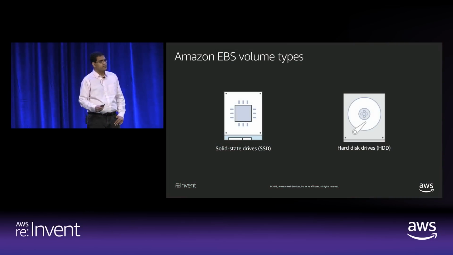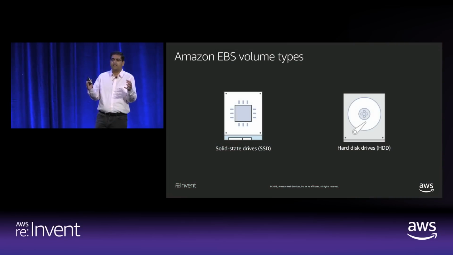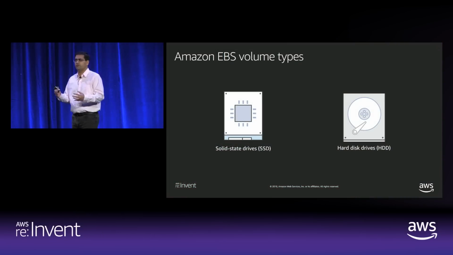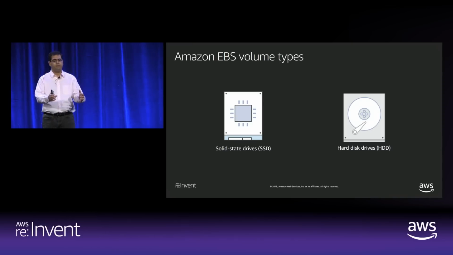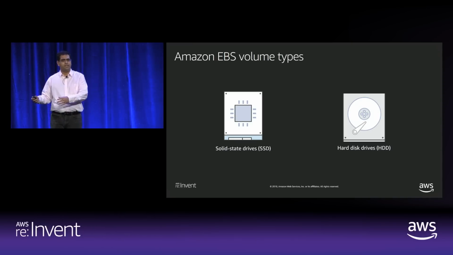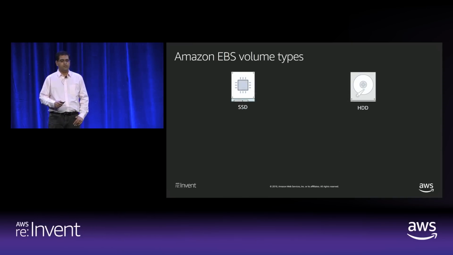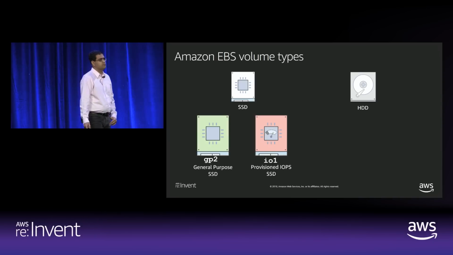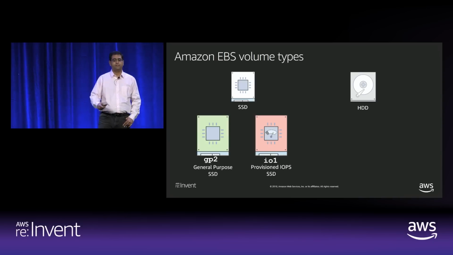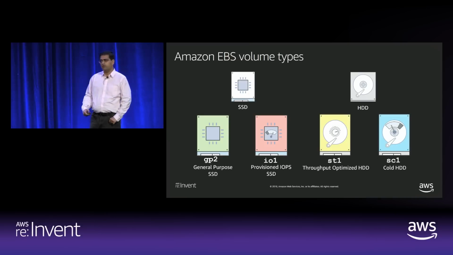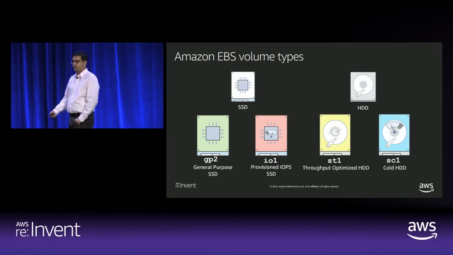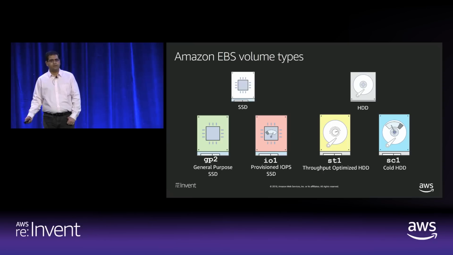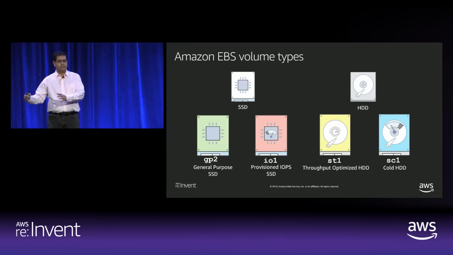As I mentioned earlier, there's really two types, or two families, if you will, of volume types. There's the SSD-backed ones and the HDD-backed volume types. Within the SSD family, you have GP2 and IO1, general purpose and provisioned IOPS, respectively. And then you have your throughput optimized and your cold HDD, ST1 and SC1, respectively, on the HDD side.